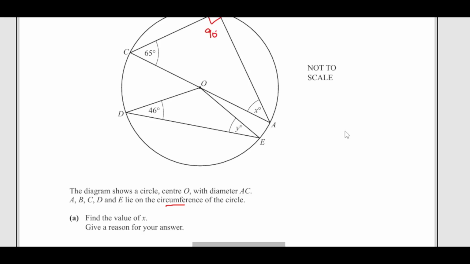So then to find out x, we will add 90 plus 65, 155, then subtract it from 180. So then that will give you the value of x, which is 25, right?